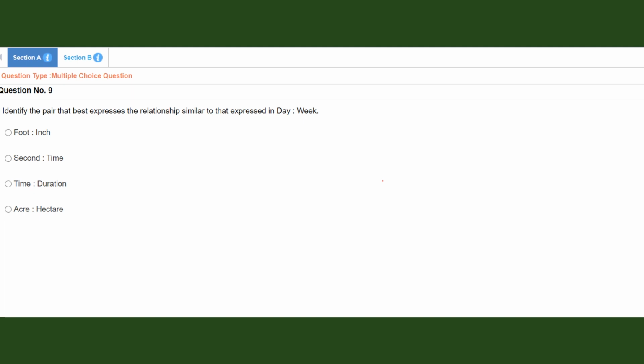Number 9. Identify the pair that best expresses the relationship similar to that expressed in days to week. Like 1 week is 7 days. So is it A, foot is to inch, where 1 foot is 12 inches. Second is to time, 60 seconds, but second is a part of time. Okay, time is to duration, or acres is to hectares.